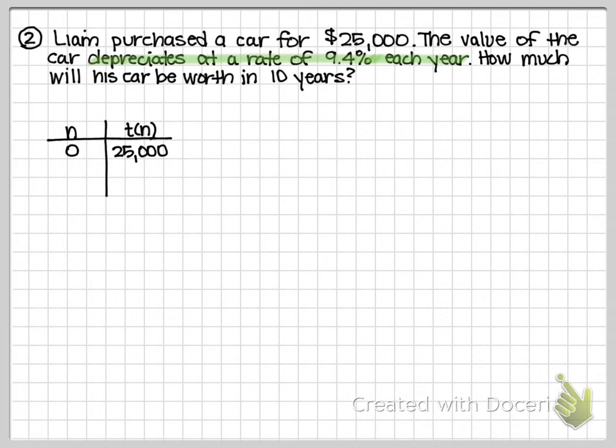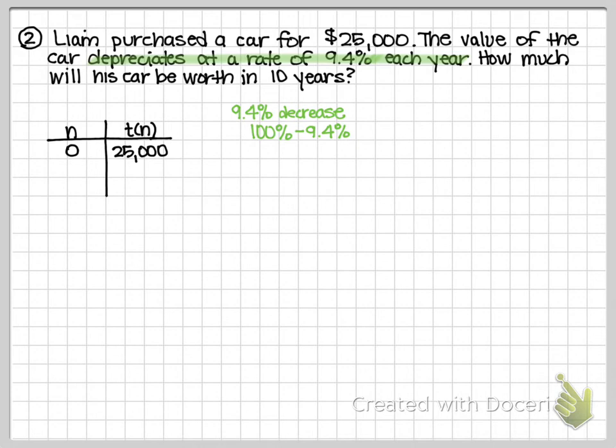Okay, so to get the multiplier, I'm going to start with my 100%. And this is a 9.4% decrease. So I'm going to start with my 100% and I'm going to decrease it by 9.4%. So from here, we'll take our 100 minus 9.4.